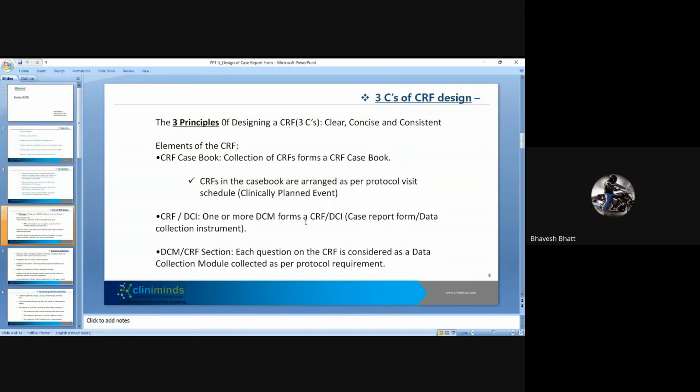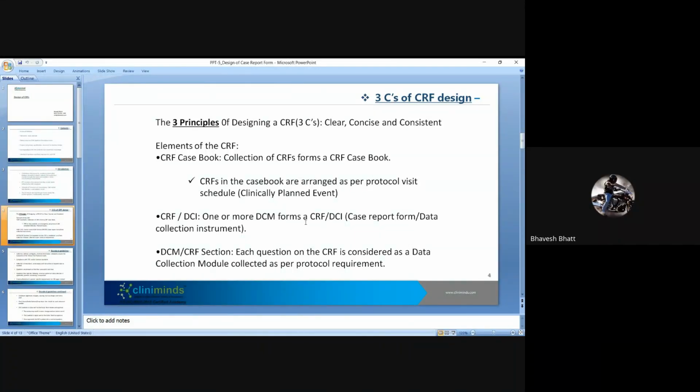When these questions are clubbed together, they form one data collection instrument, often referred to as a CRF, and multiple CRFs arranged according to a visit matrix, scheduled one after the other for one particular patient, form the casebook.